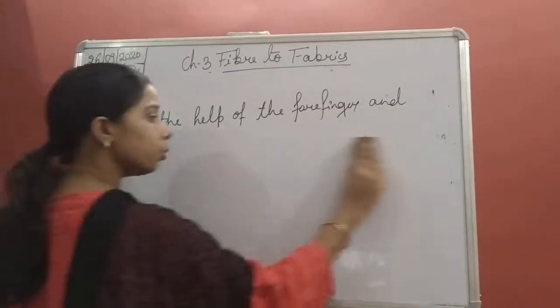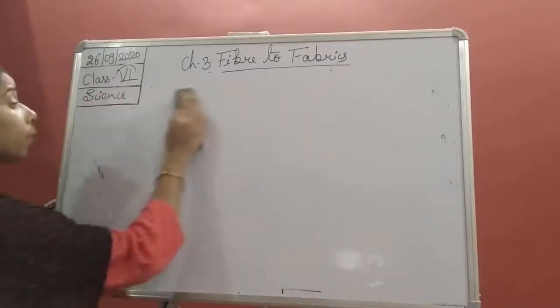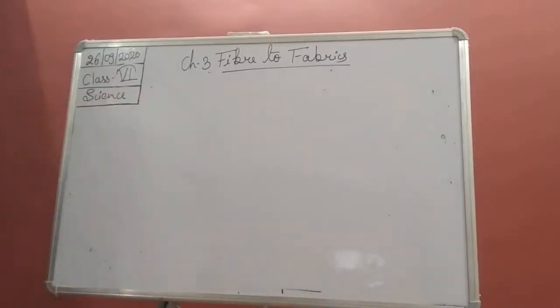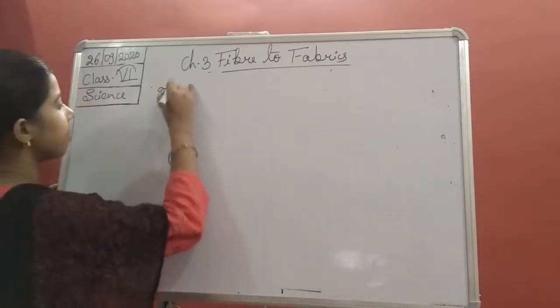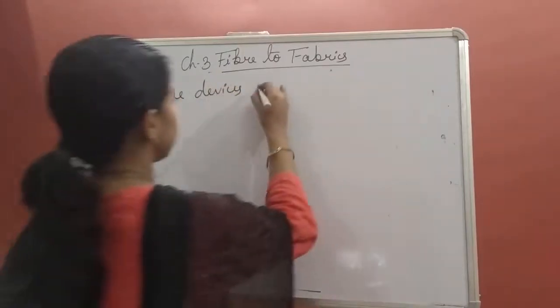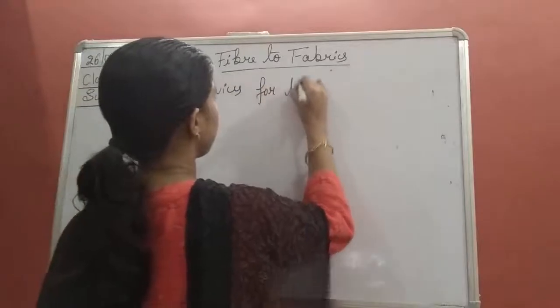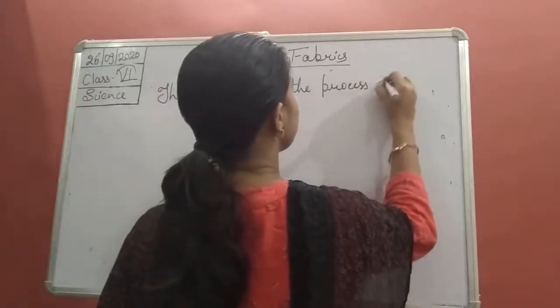We have understood the process, how we get the yarn, but what are the different devices which help in the process of spinning? So, the devices for the process of spinning.